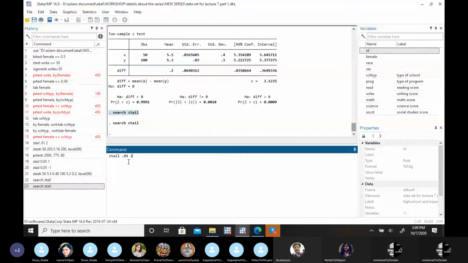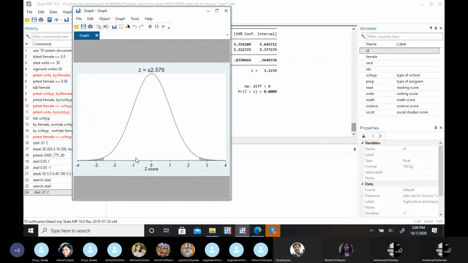So ztail 0.01, this is the level of significance, then 2. If you enter this command and press enter, it will give you critical values. So our critical values are plus minus 2.576.